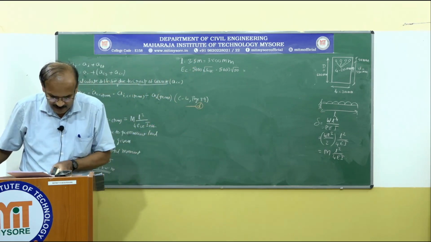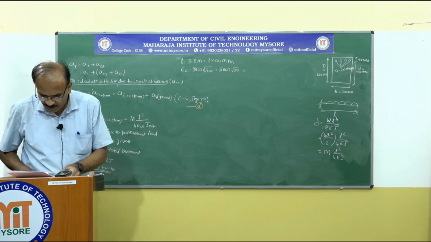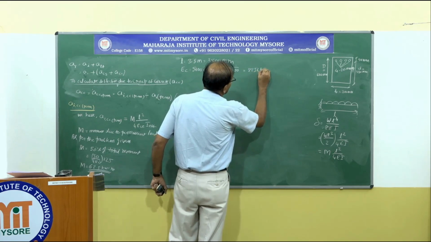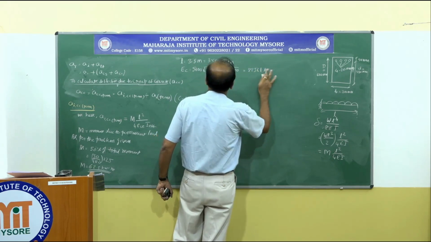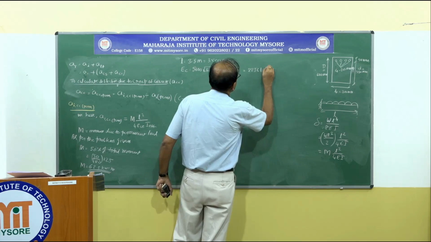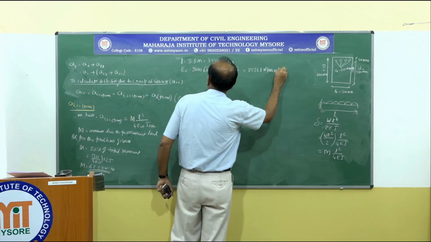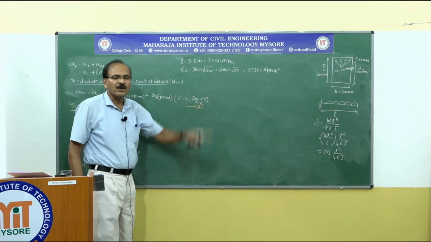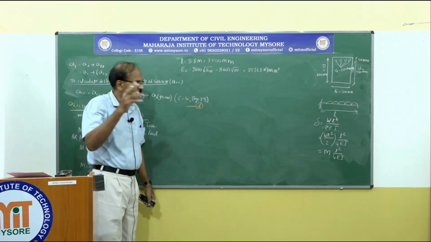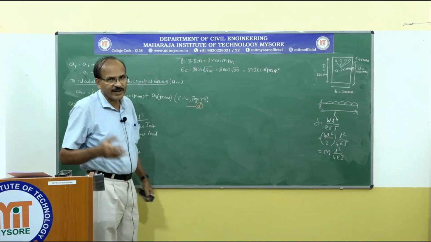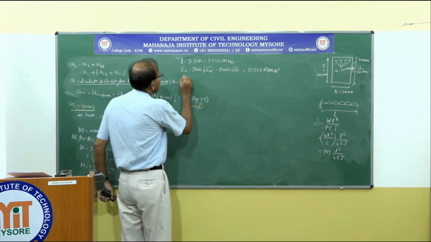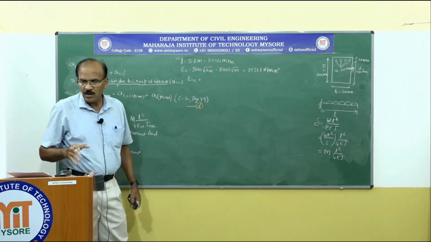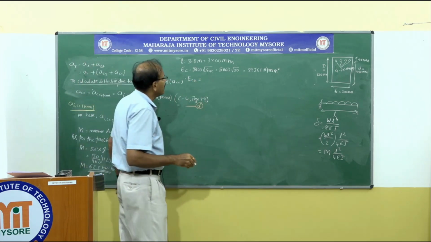Let me see what is the value. 22,361 Newton per millimeter square, where fck is the characteristic compressive strength of concrete at 28 days. Therefore, ECE, again it is given in the code book, on page 89.